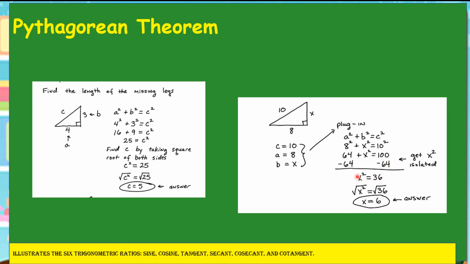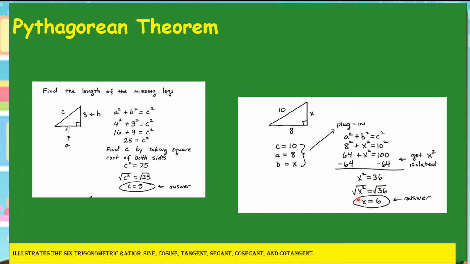Then, to find the value of x squared, we subtract 64 from both sides of the equation to isolate x squared. So 64 minus 64 is 0, and 100 minus 64 is 36. So x squared is equal to 36.